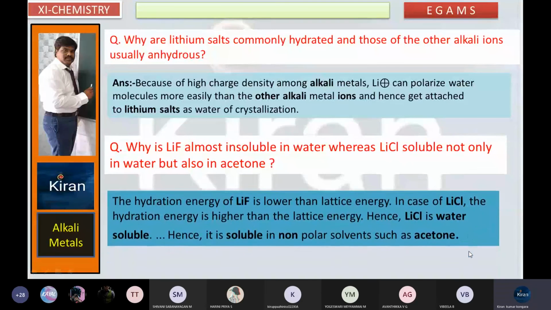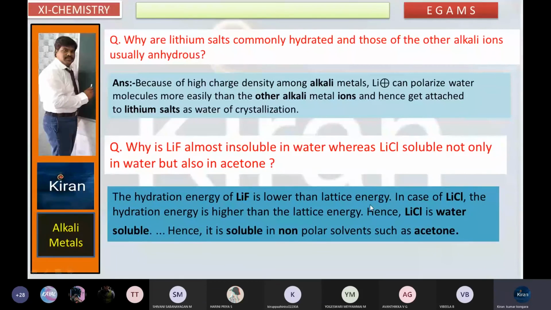The hydration energy of lithium fluoride is lower than its lattice energy. In the case of lithium chloride, the hydration energy is higher than the lattice energy.